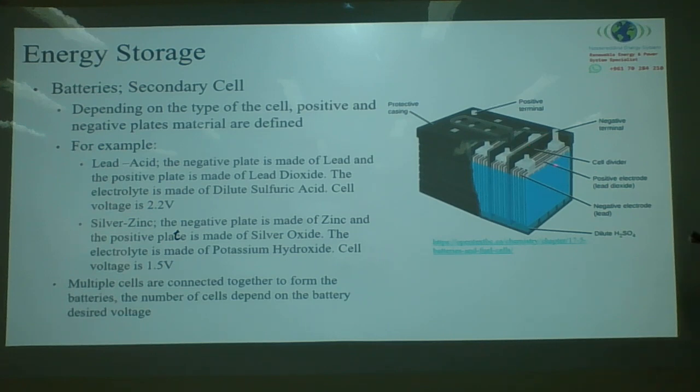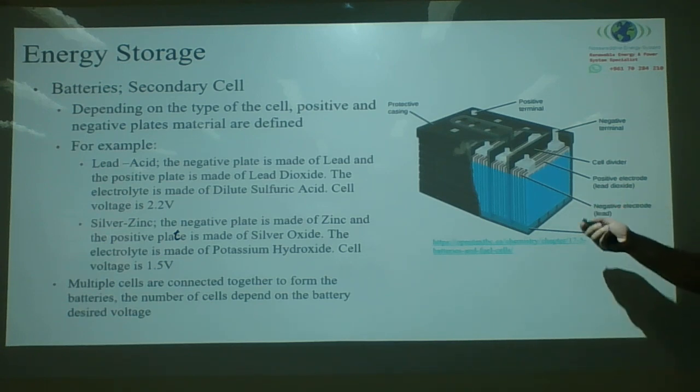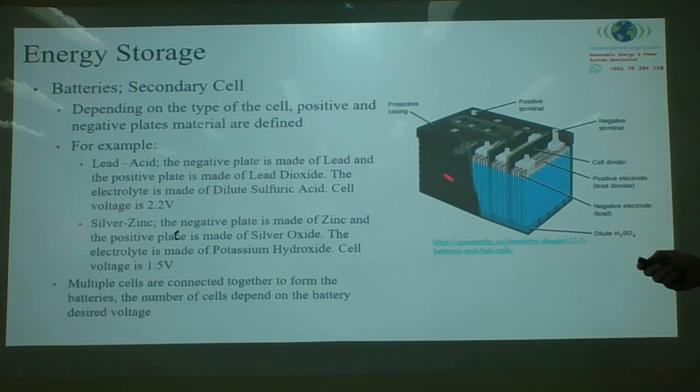You have the positive, the lead dioxide, and you have the negative, which is the lead. And you have the dilute acid in between them. See this? That's how the battery is being made. With this battery, when you have charging and discharging, the chemical reaction can be reversed, as you will see soon.